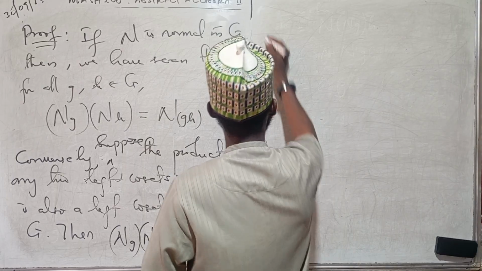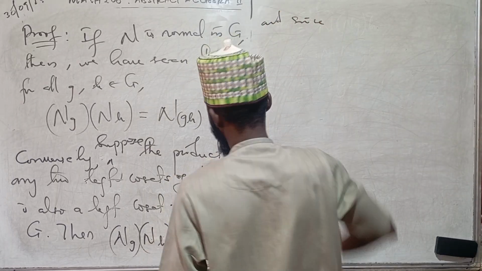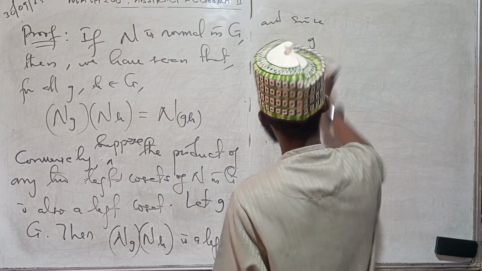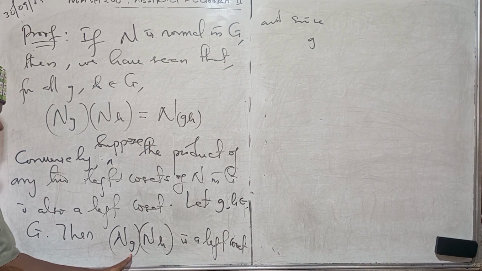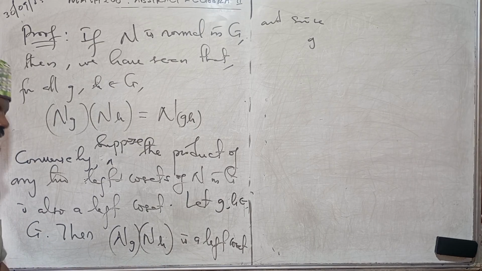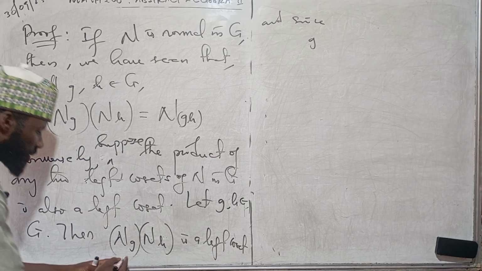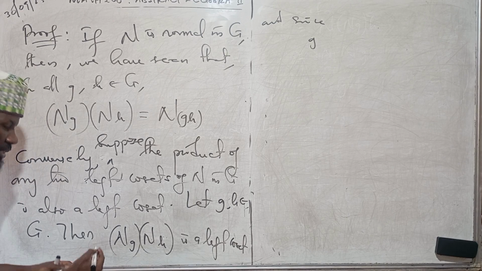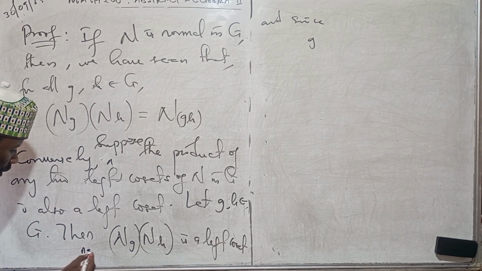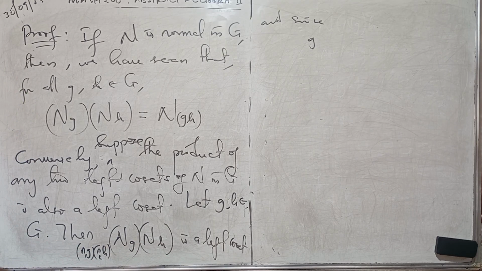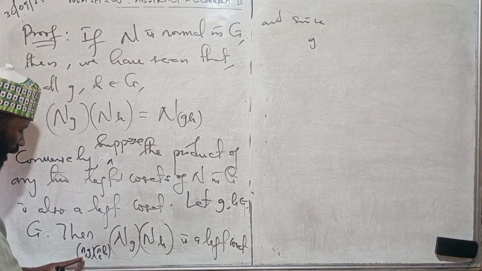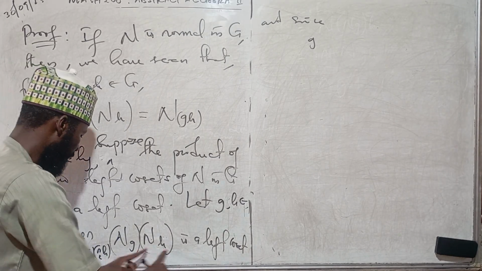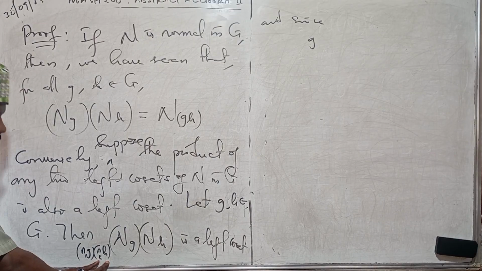The elements here are n1g, n2h, where n1 and n2 come from N. If you pick any element from here, it is of the form n1g times n2h. It is an element from here multiplied with an element from here. Are you following?